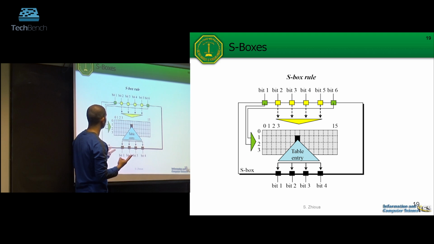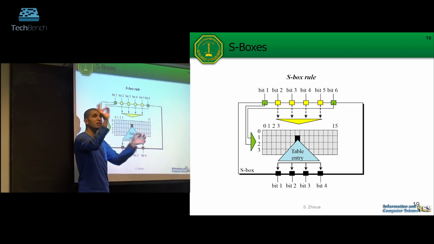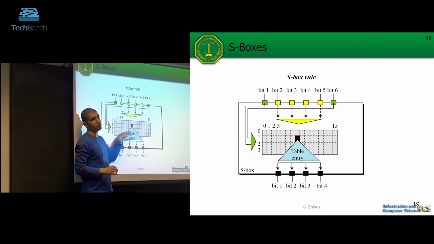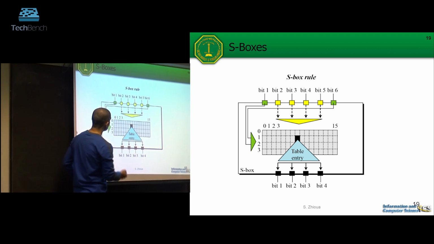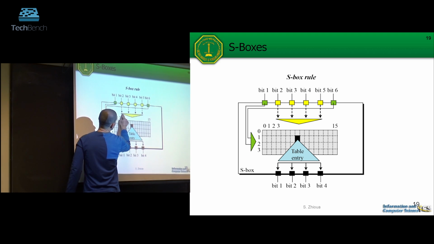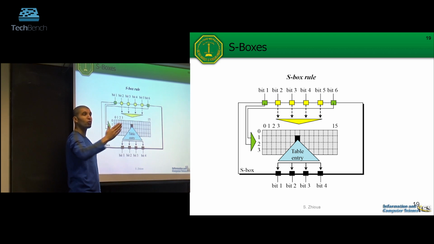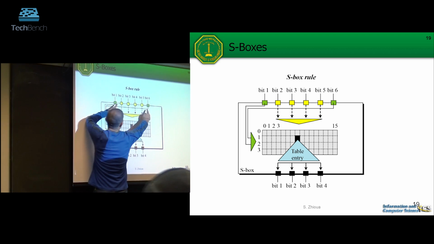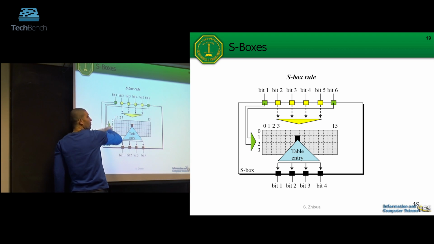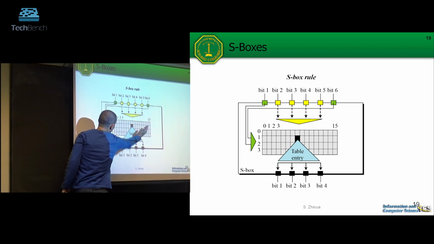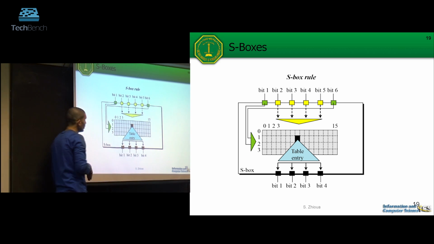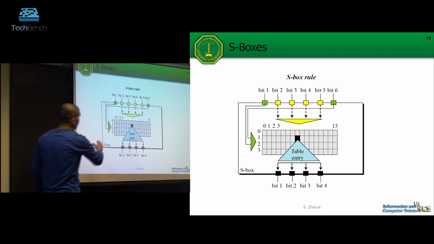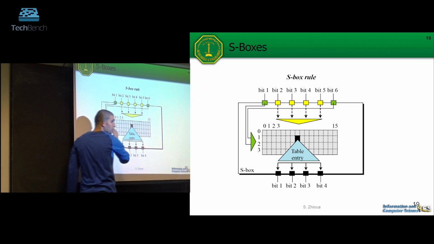These 2 numbers are used to access a cell in a certain matrix, which is the S box. This number is the index of the row, and this green number is the index of the column. The matrix is filled with numbers.